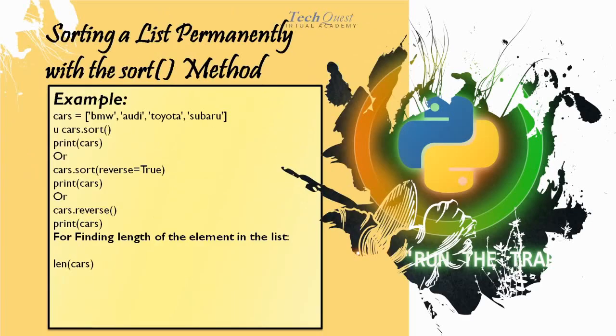Now the sort keyword in the programming language. What does the sort keyword do? The sort keyword, as the name suggests, will sort the list. Here in the car list you can see BMW, Audi, Toyota and Subaru.